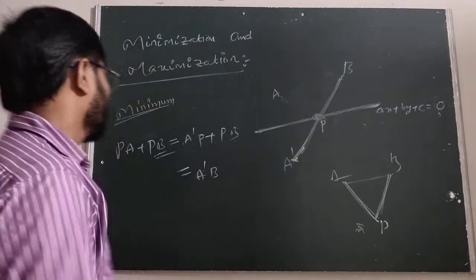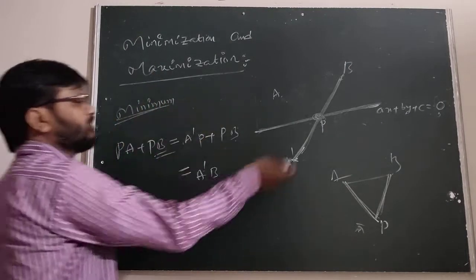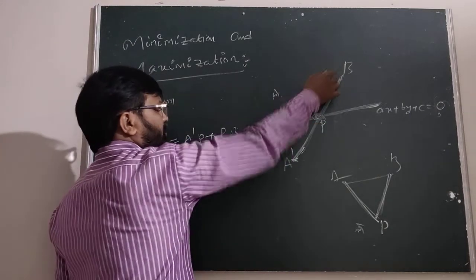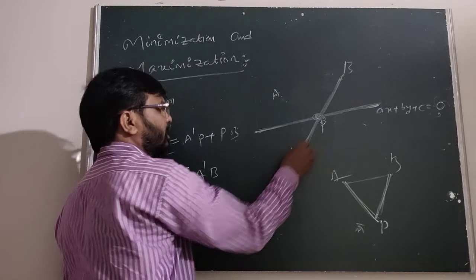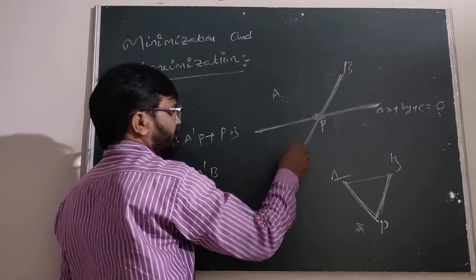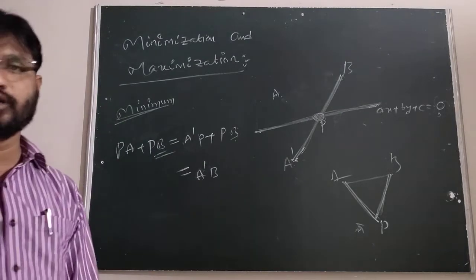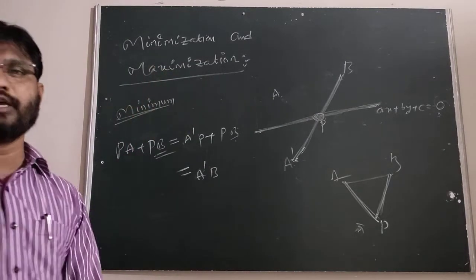So how to find PA plus PB and how to assume the point P? That is very difficult. When the points lie on the same side, we have to find the image point, then the equation of A dash B and the given line, that gives the nearest point for PA plus PB. Is it clear?